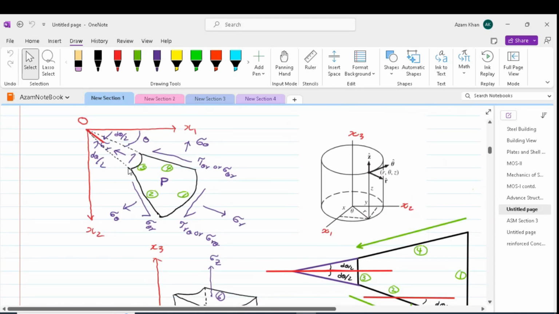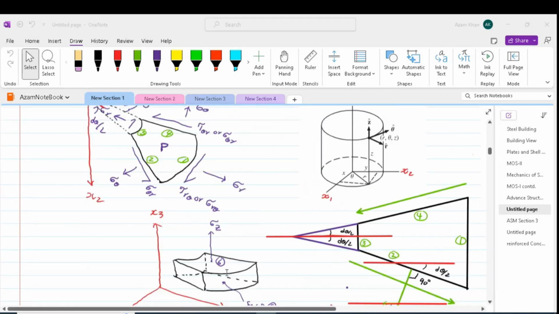The radial stresses and strains will be represented by sigma r or epsilon r, and the circumferential stresses and strains will be represented by sigma theta or epsilon theta. Beside axial stresses and strains, we would have shear stresses at the sides also.